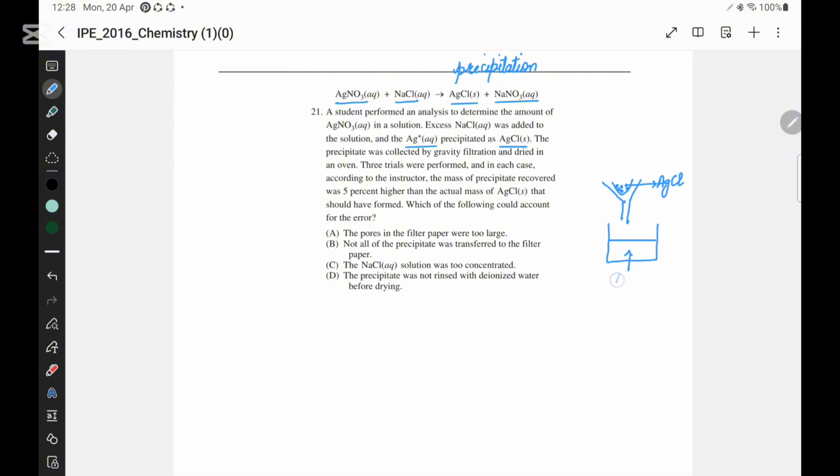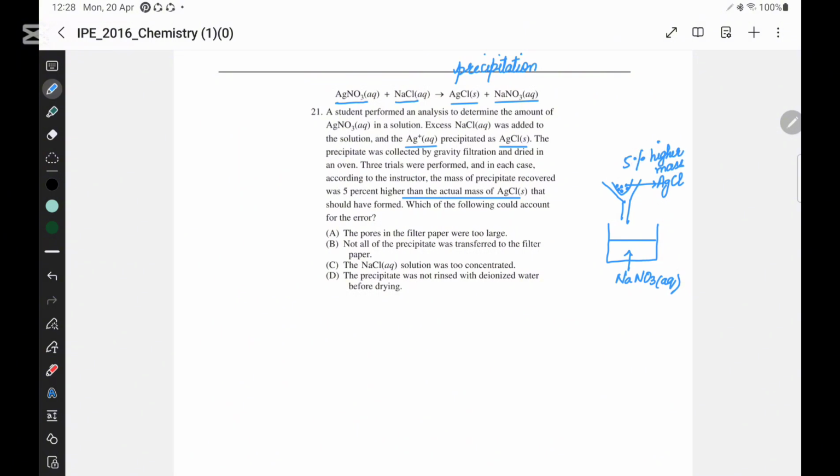We have this NaNO3 aqueous solution. Then what happens? Three trials were performed and in each case, the mass of precipitate recovered was 5% higher than the actual mass of AgCl that should have formed. So they are saying it was having 5% higher mass. What is the reason?